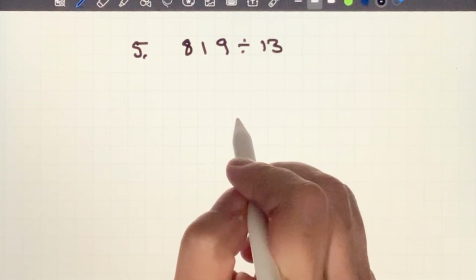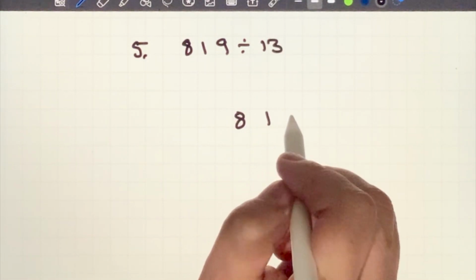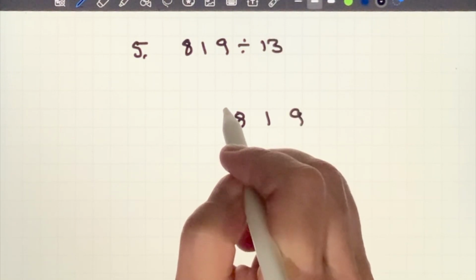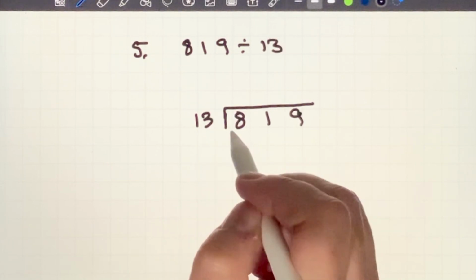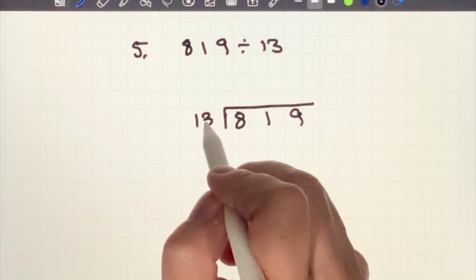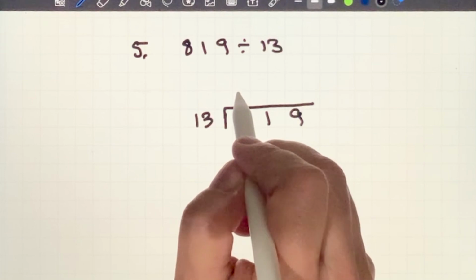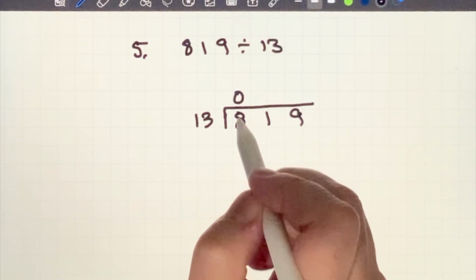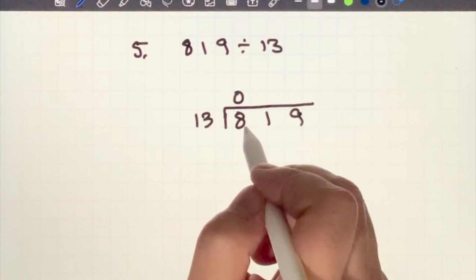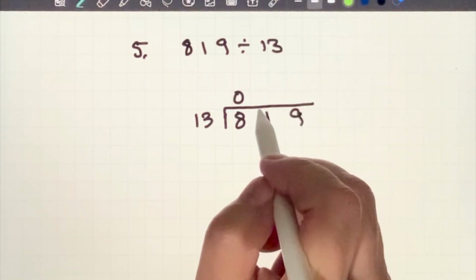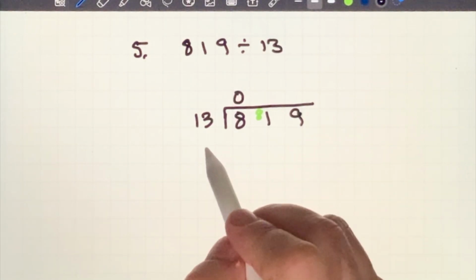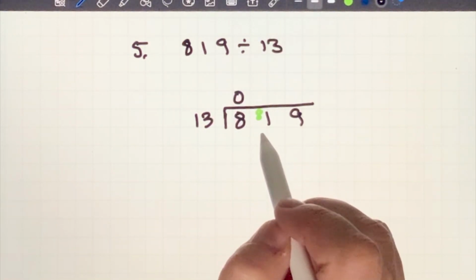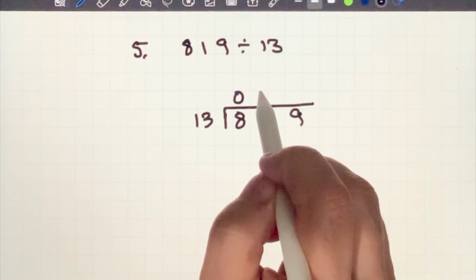So I'm going to take my dividend and I'm going to put it in here, and I'm going to take my divisor and put it there. So now I say 13 into 8, 0. 0 times 13 is 0, so I've got 8 left over. So I'm going to bring that there. 13 into 81 goes in 6 times.